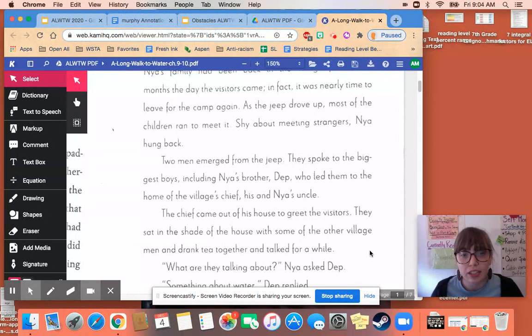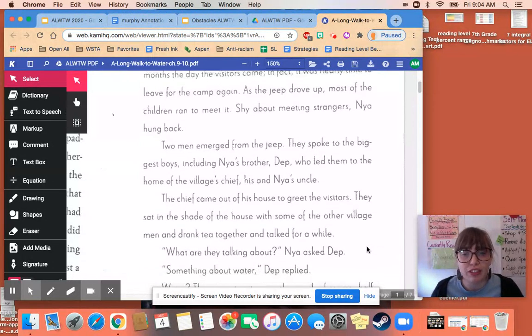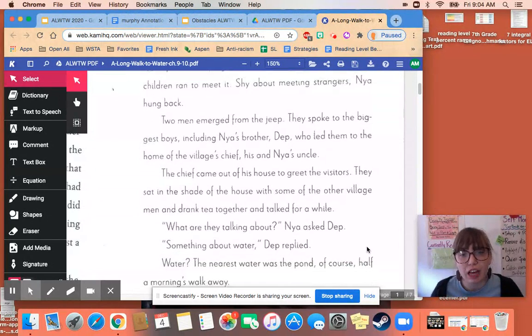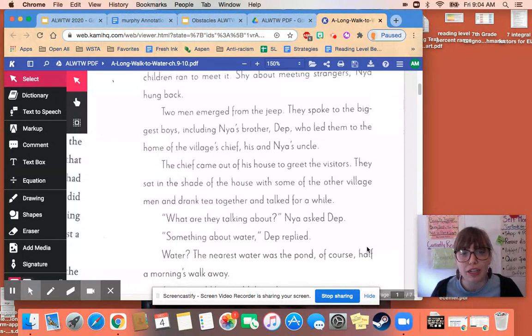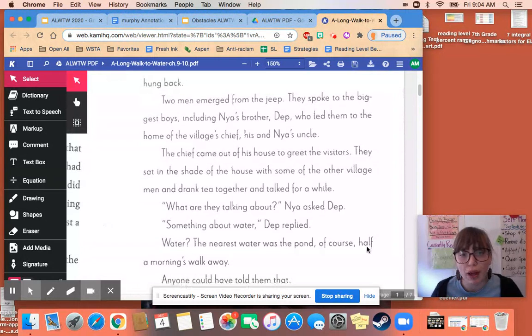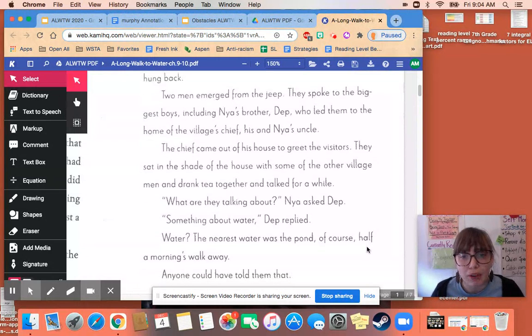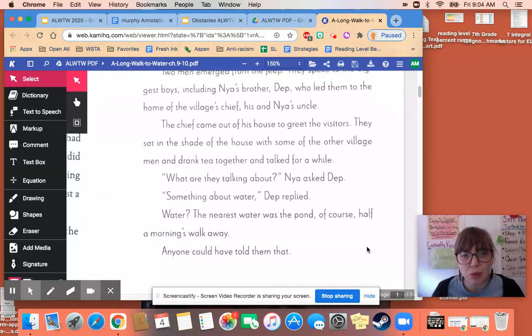The chief came out of his house to greet the visitors. They sat in the shade of the house with some of the other village men and drank tea together and talked for a while. What are they talking about? Naya asked Depp. Something about water, Depp replied. Water? The nearest water was the pond, of course, half a morning's walk away. Anyone could have told them that.